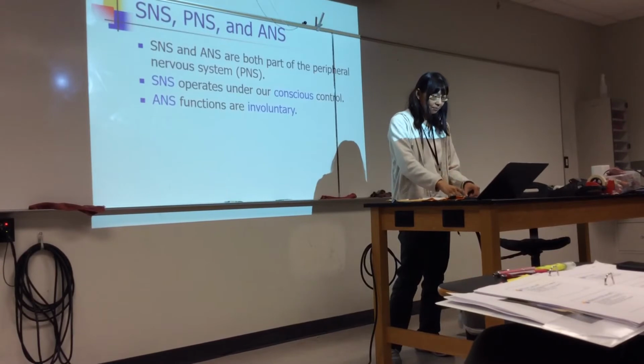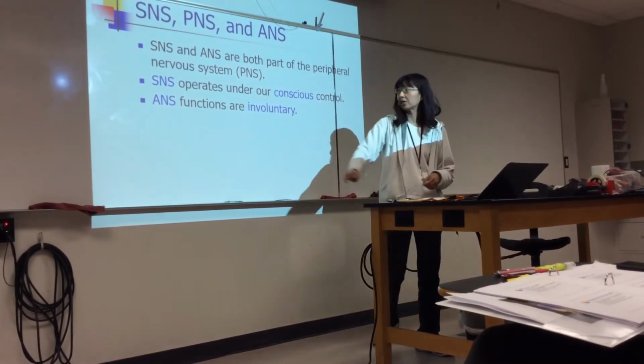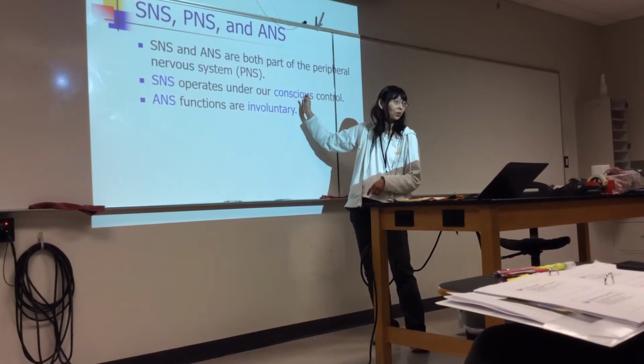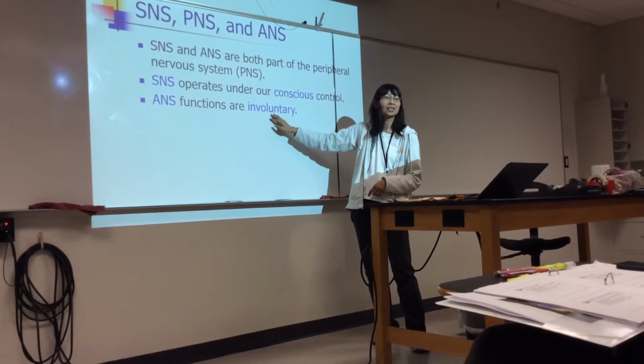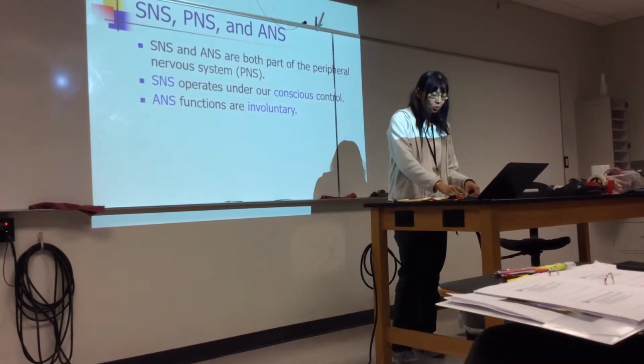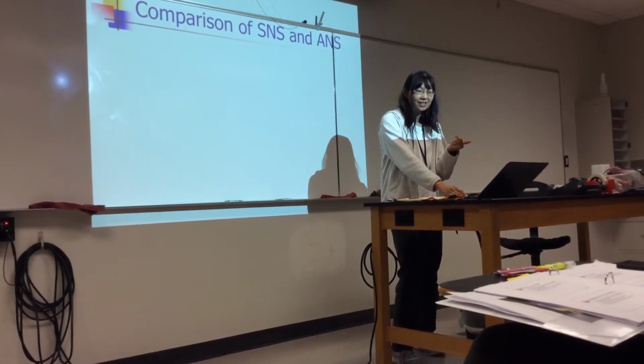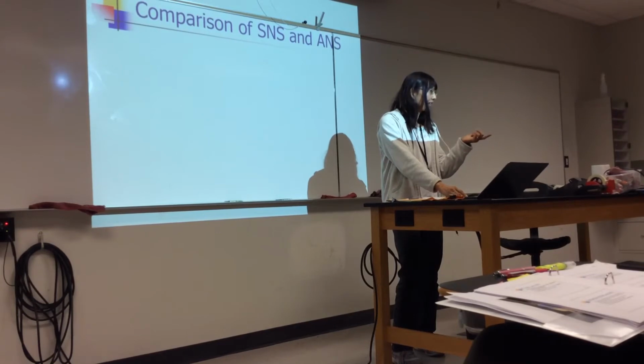The difference is with somatic, you have conscious control, that's why you go to skeletal muscle. Whereas autonomic is involuntary because it's going to go to what kind of organs? Hollow organs, right?